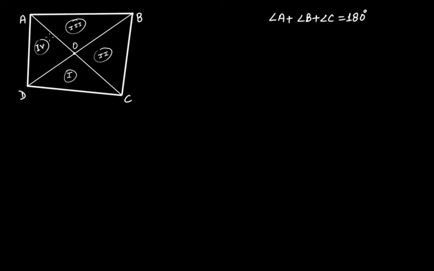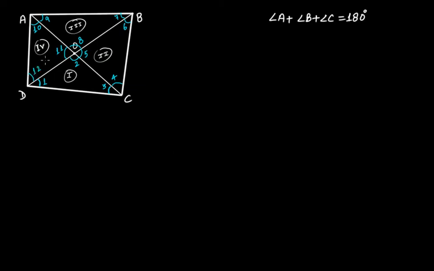Now, what we'll do further is make this angle 1, this is angle 2, this is angle 3, this is angle 4, this is angle 5, this is angle 6, this is 7, this angle is 8, then this angle is 9, then this is 10, this is 11, and this is 12.